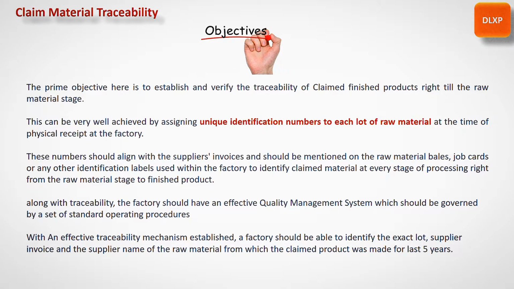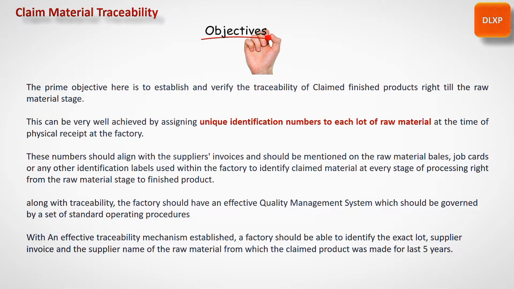For instance, you purchase the raw material cotton from the supplier, and you can assign a unique lot number on the bales, and proper identification should be there on the bales so that it could be traceable in the godowns, and whenever any third party or any third eye can easily identify that these are the unique numbers or identifications by which the claim material can be easily identified.